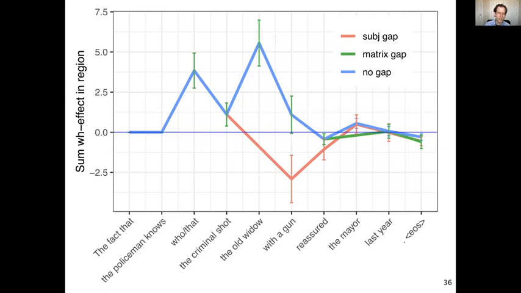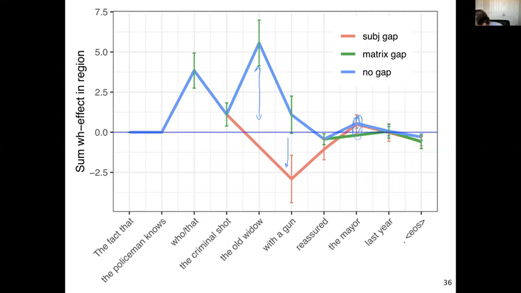We can, of course, do this WH effect view, and this gives us the same view. So there is a surprise at not having a filled gap at the old widow. There is a surprise at skipping over the object in the reverse direction, that is more surprised than who. And then we also see, we do not see any appreciable sensitivity here.